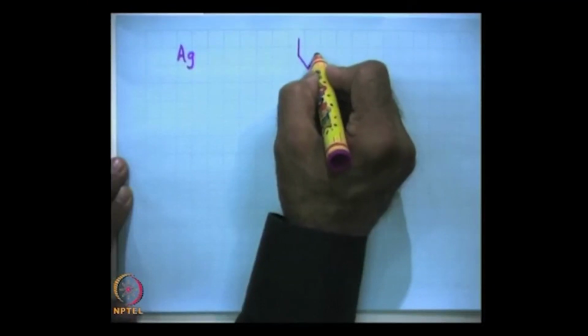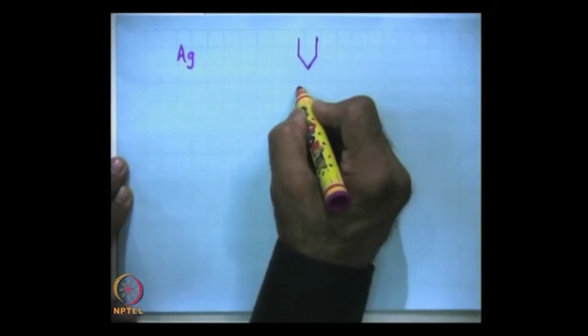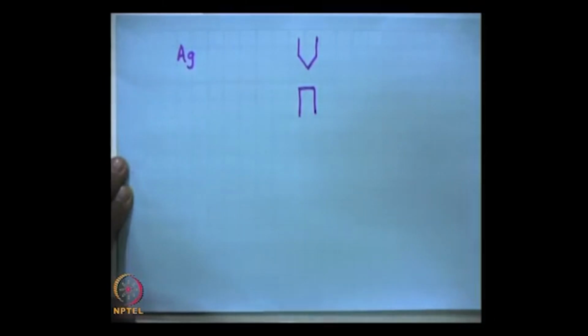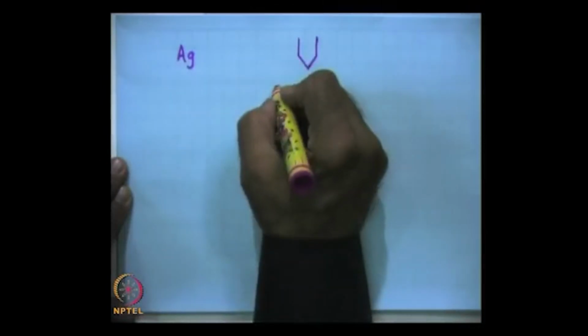So, I make the neutral silver atoms pass through a very strong inhomogeneous magnetic field in the z direction.